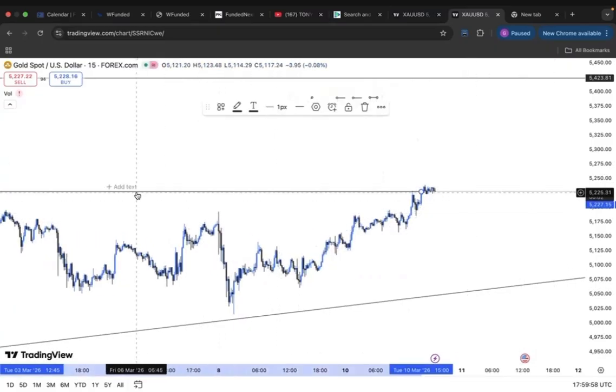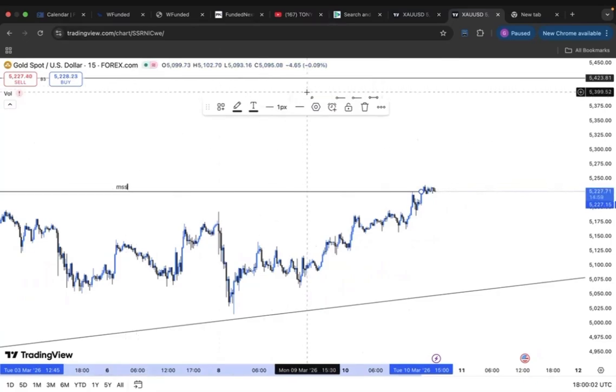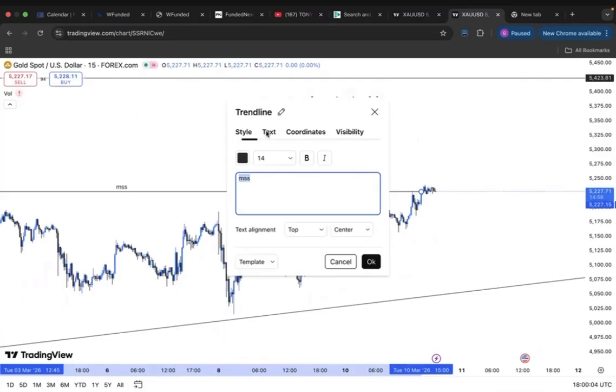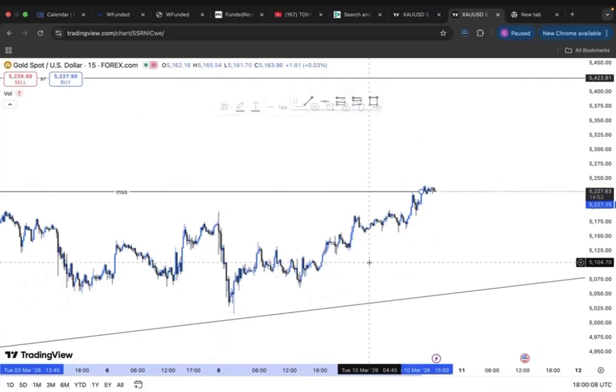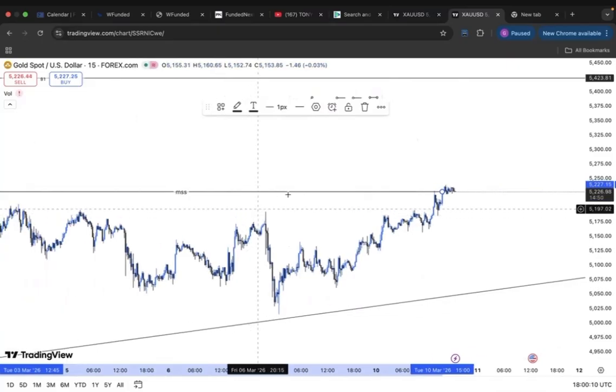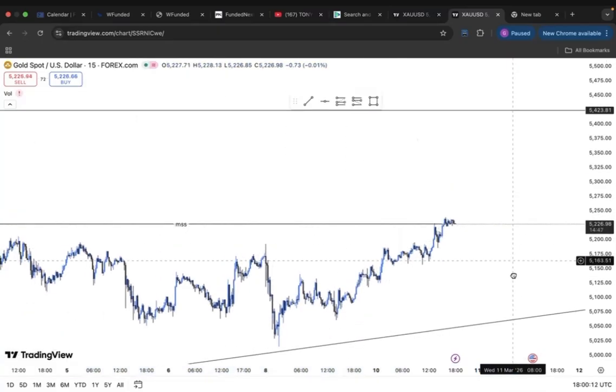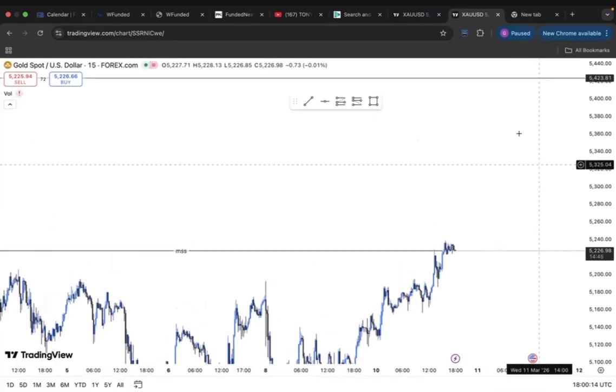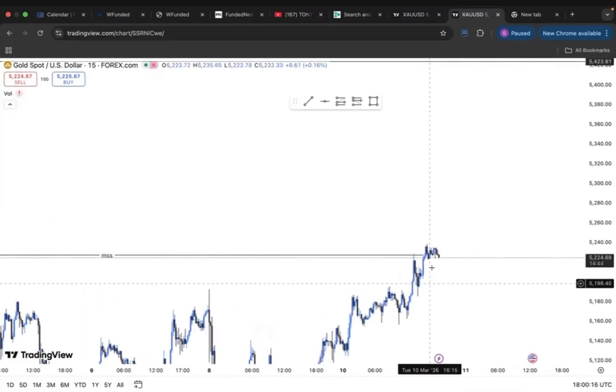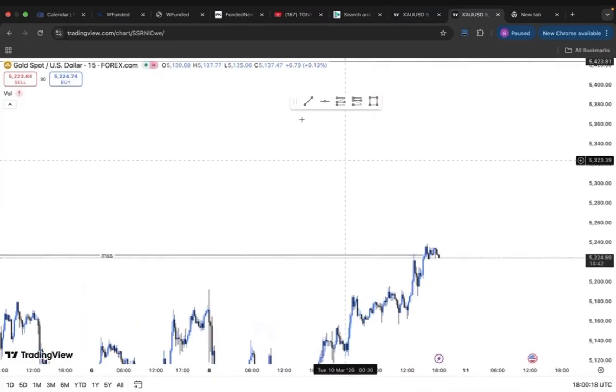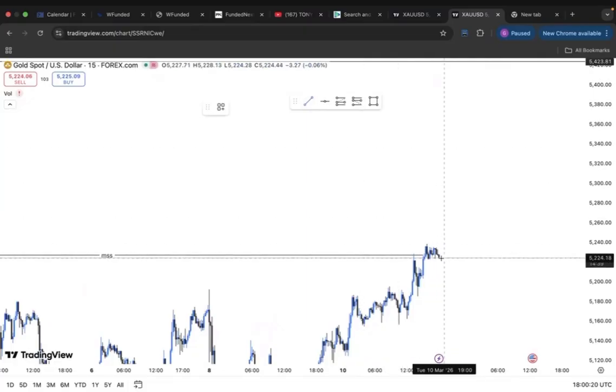So let me add the test MSS. I would love my test to be in the middle, so yeah. So we already have our MSS at that particular level. And currently, after it gave us an MSS, we have liquidity at that particular level there.